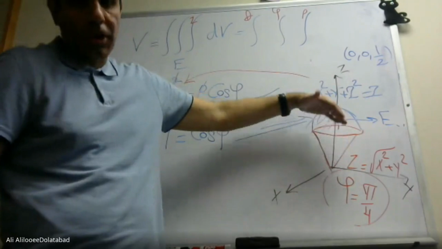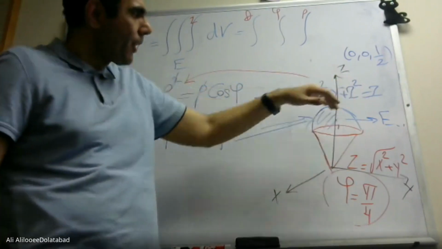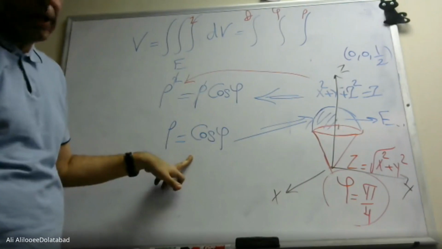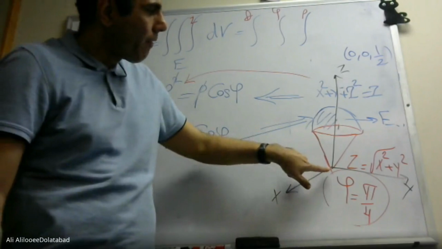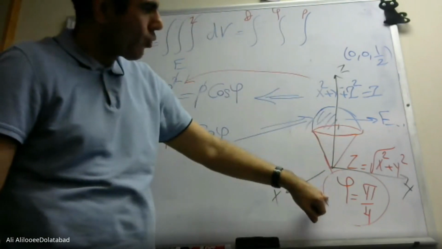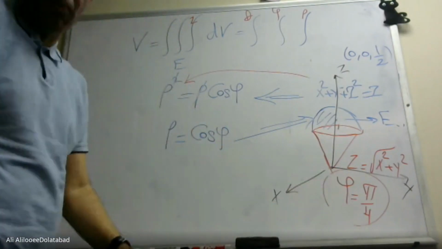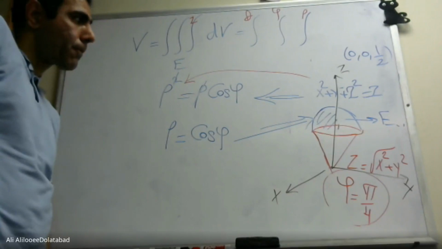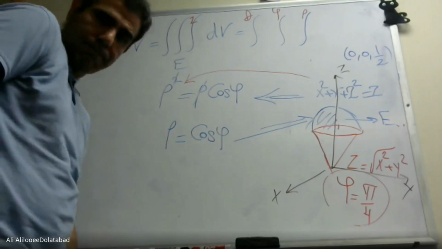I converted this sphere into spherical coordinates, and I got rho equal to cos of phi. After that, I converted this cone, which I actually converted before, into spherical coordinates. Then we got phi equal pi over 4. Any question?